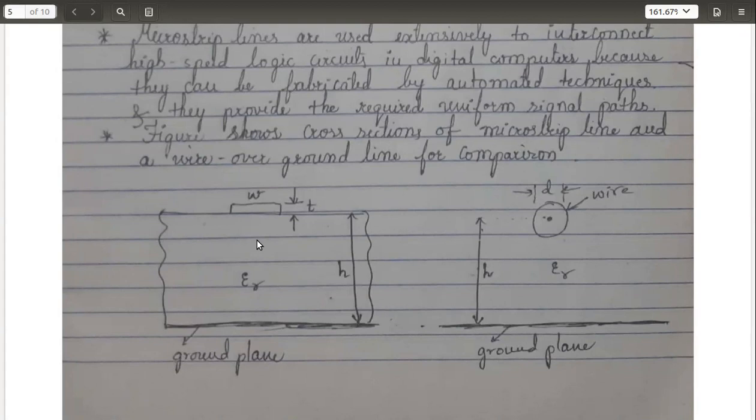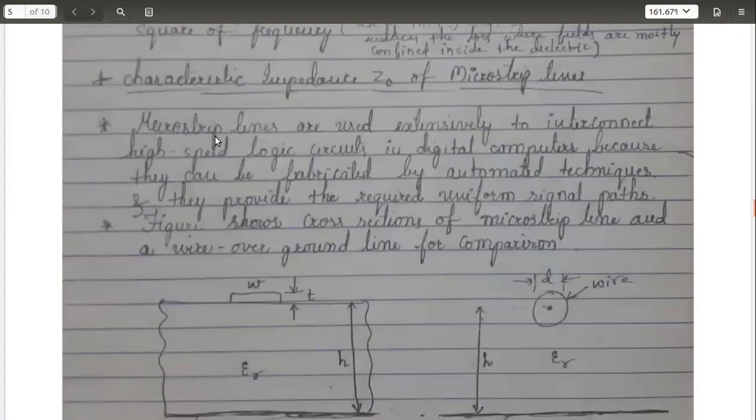Then finally we got the solution. Similarly, even for the characteristic impedance Z0 calculation for a microstrip line, you cannot directly jump onto calculations and getting the expressions. Here we are making use of the comparative method. There is a reason behind it. Let me just dictate what this is.